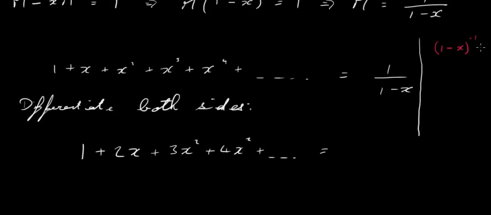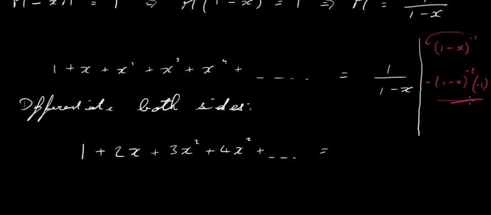How do you differentiate? Well, let's bring this power down. That gives me -1, and that's 1 minus x inside the bracket. Then I've got to reduce this power by 1, so that gives me -2. Now I have to use the chain rule, so I've got to differentiate what's inside the bracket. So this becomes 0, and if I differentiate minus x, I'll get -1.